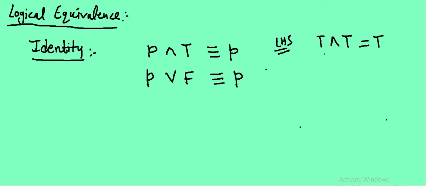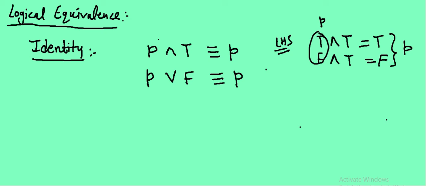So if I take F in place of T, then F and T will be evaluated to false. So that means the result is P, because P and T will be P. So this equivalence is true, hence it is proved.